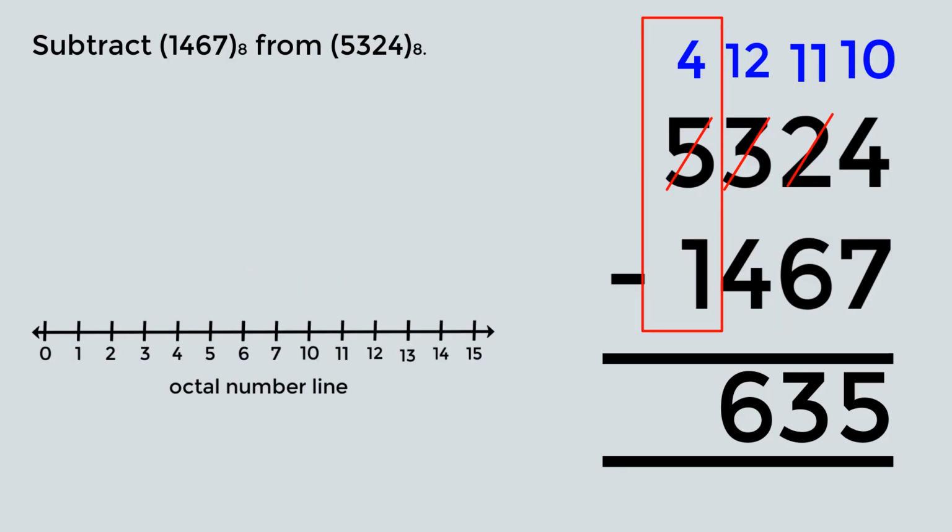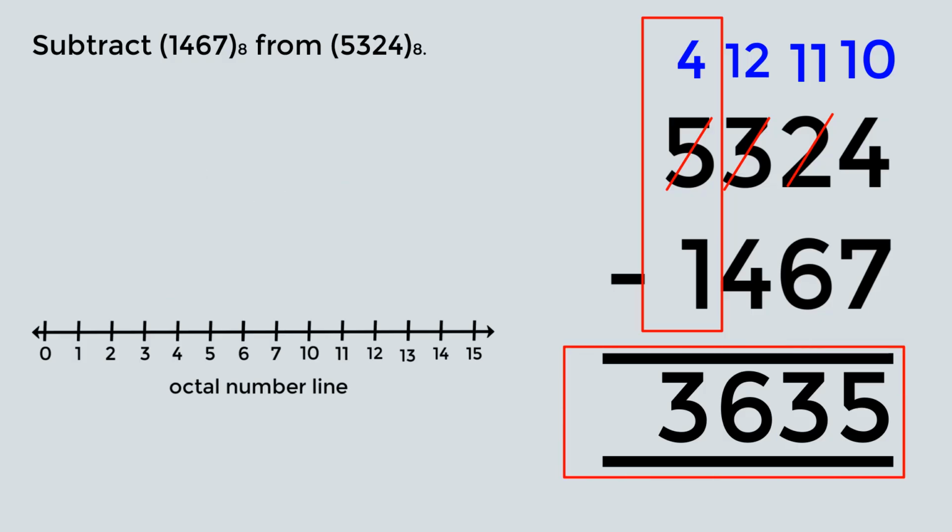Finally, the 5 on the left has been reduced to 4. So we calculate 4 minus 1, which is 3. The final answer is 3635 in base 8. So 5324 minus 1467 is equal to 3635 in base 8.